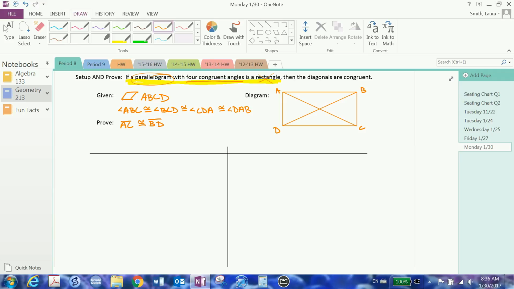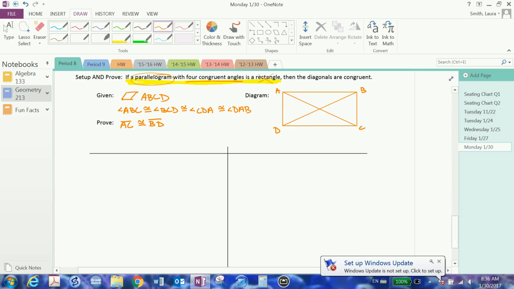Right, so this seems pretty similar to the proof that we did above. The only thing is we can't use RHL in this one because we can't use AC and DB, right? We can't use the fact that this is a rectangle so much because we're trying to prove a property of a rectangle. So we want to kind of think about this as a parallelogram.